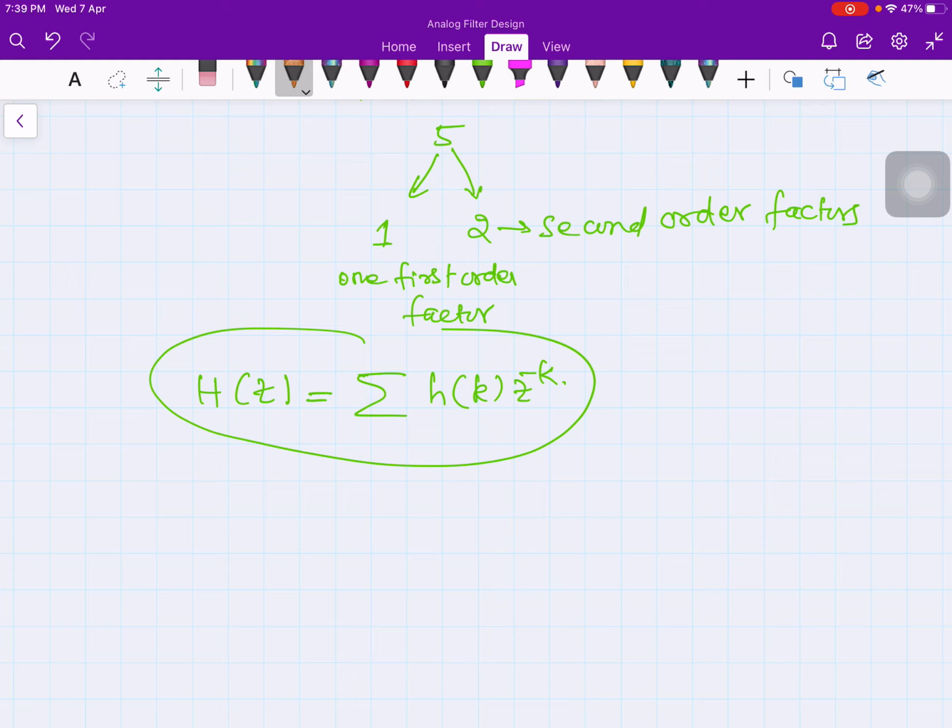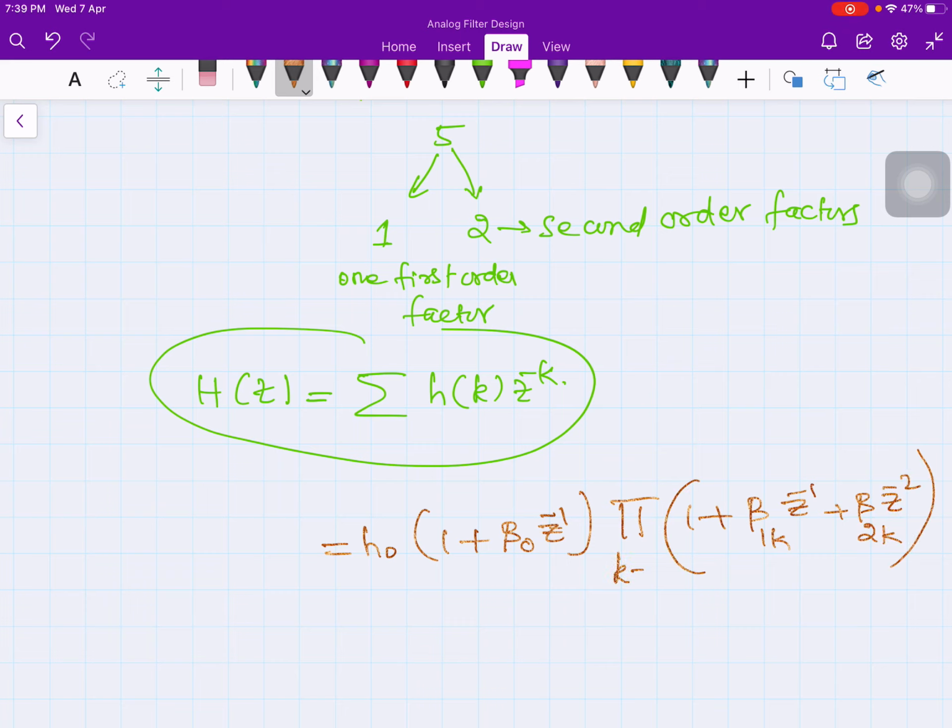Then I can write h of z as h0 times one first order factor, 1 plus beta 0 z inverse, and then a number of second order factors, 1 plus beta 1k z inverse plus beta 2k z to the minus 2, k equal to 1 to (n minus 1) divided by 2.